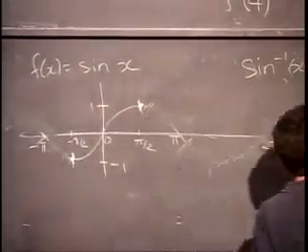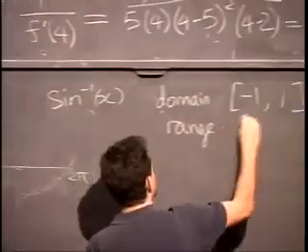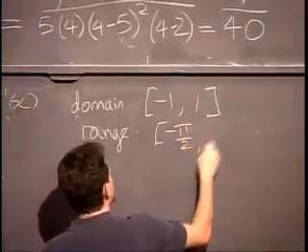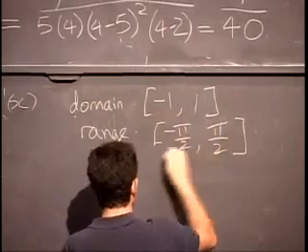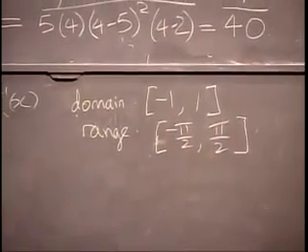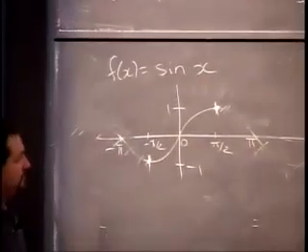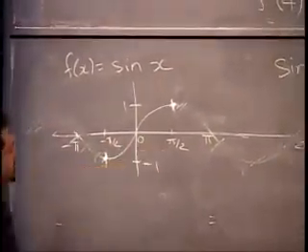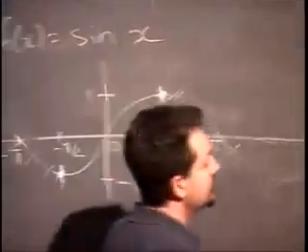And the range of this is minus pi over 2 to pi over 2. That's the domain of the original function after we've restricted it. So the range of this becomes minus pi over 2 to pi over 2, and the graph looks something like this.